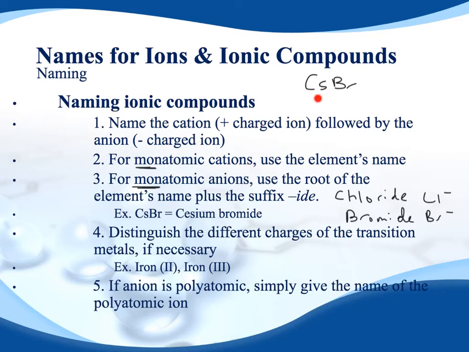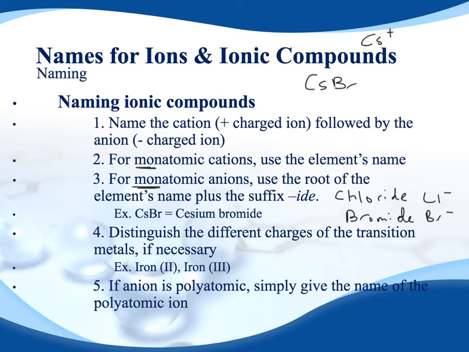That's the monatomic cation, cesium, and cesium is a Cs +1 charge. So you just say cesium. The monatomic anion is bromine that's become a bromide. So the name of that compound, CsBr, is cesium bromide.